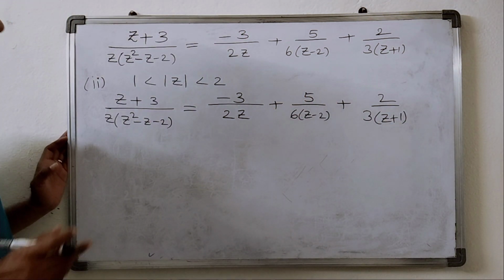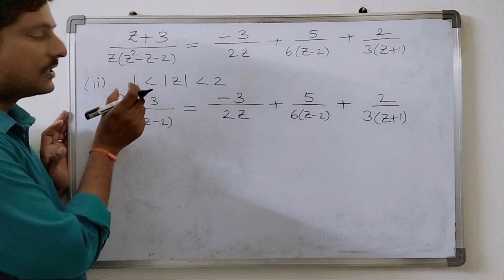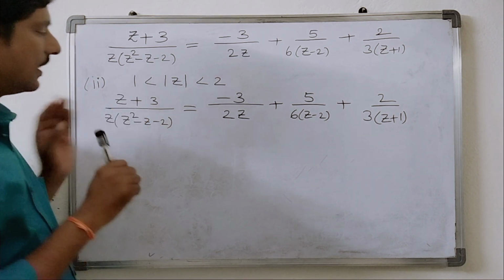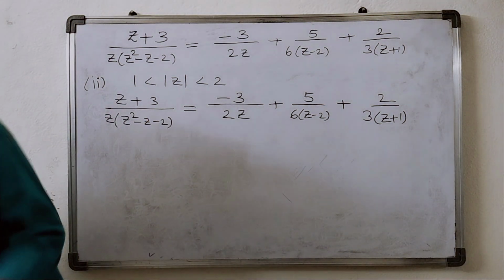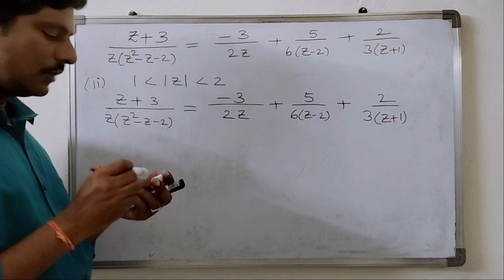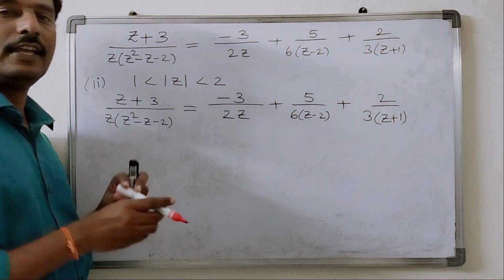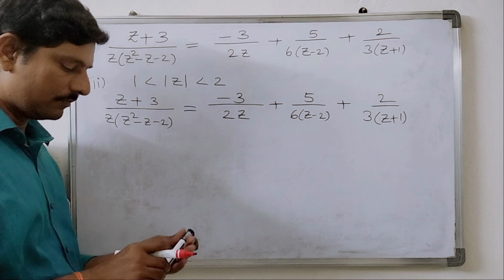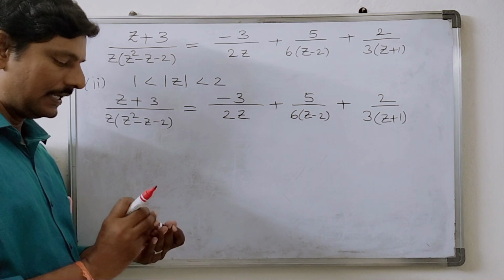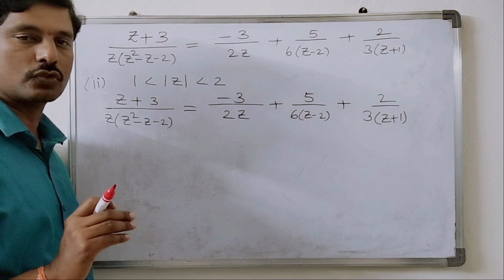Okay, now see here. First you observe the region. What is the region given? 1 less than modulus of z less than 2. What we discussed in the previous class, we discussed a little about what to take as common.